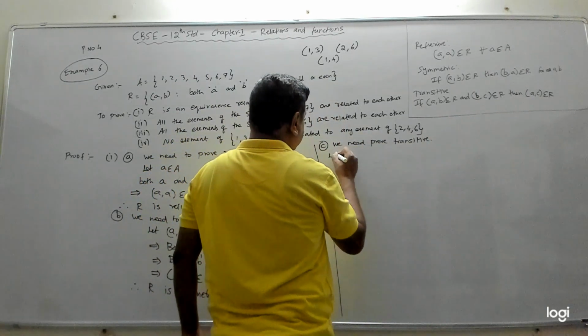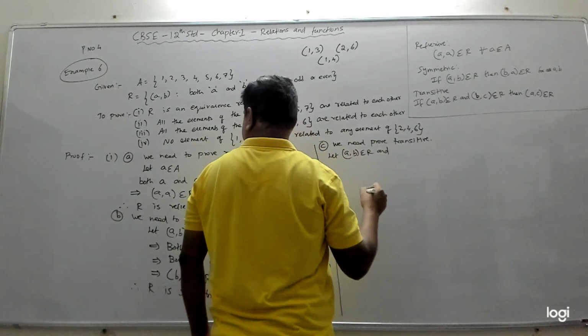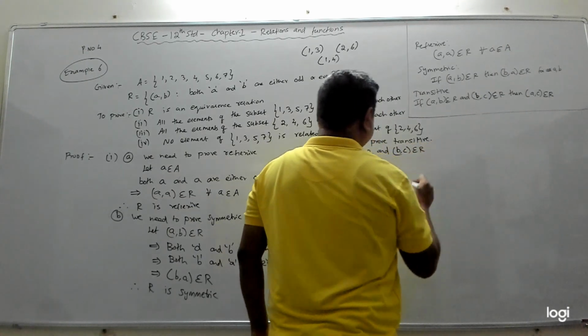So let A comma B belong to R and B comma C belong to R. Right?